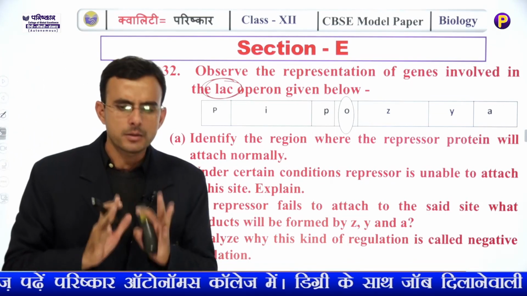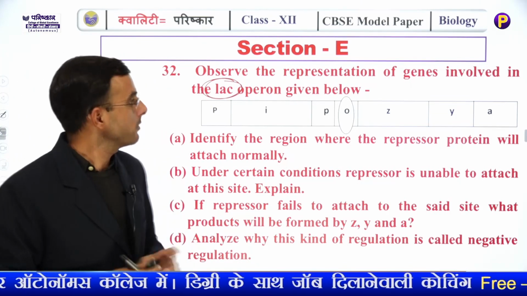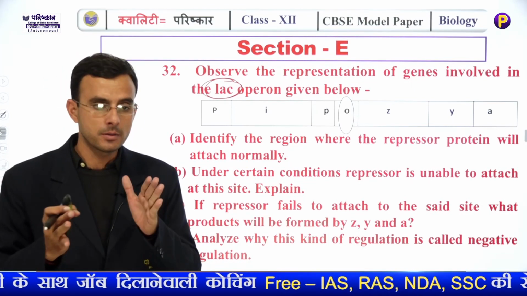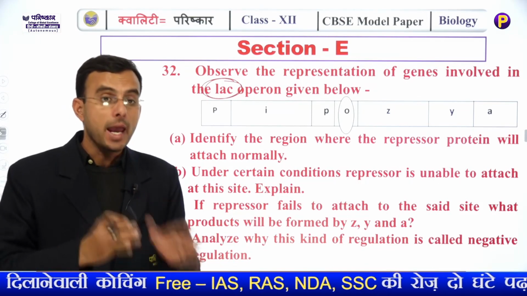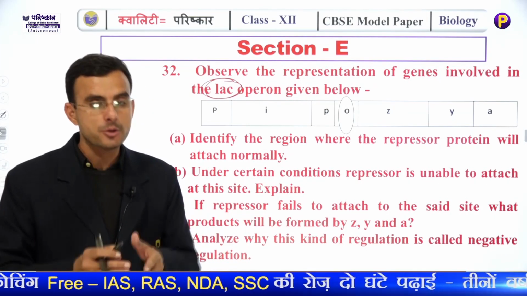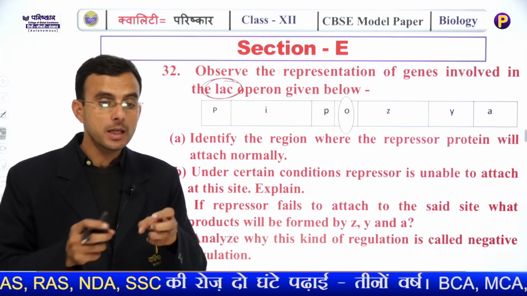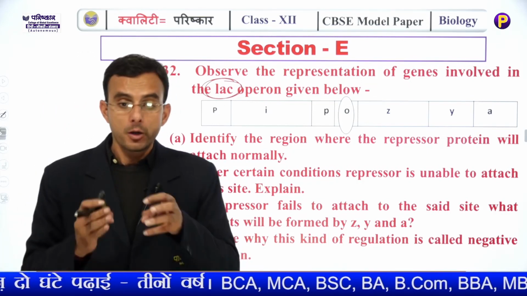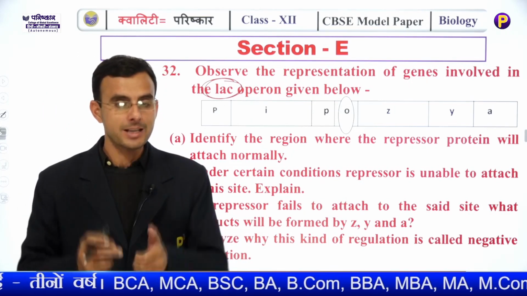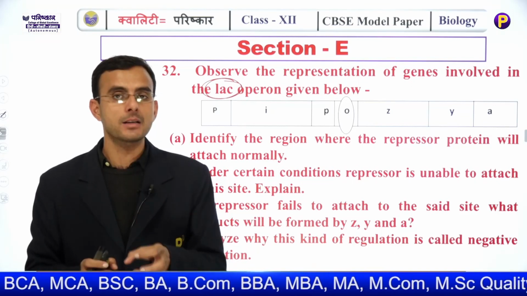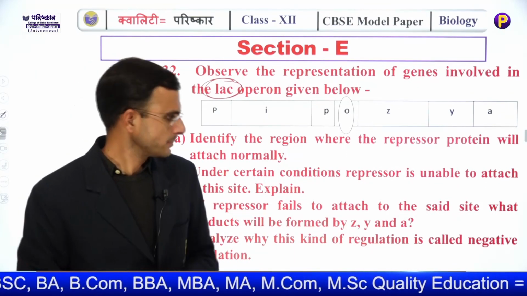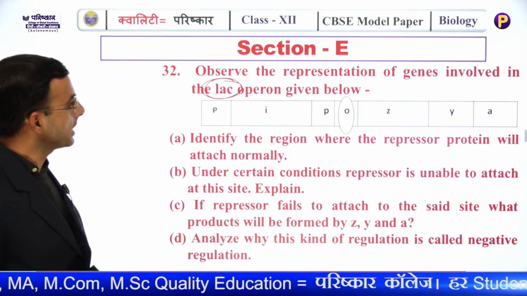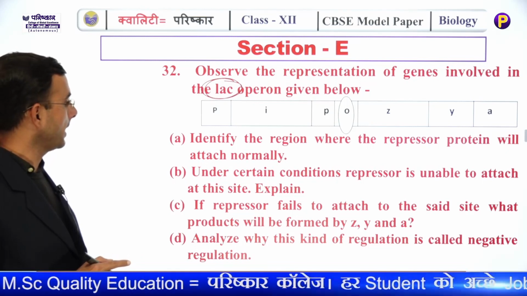That is given by the operon concept: all the genes that are expressing as proteins and functioning in a similar way cluster together. That clustering is known as the operon concept. There are 4 options here. Identify the region where the repressor protein will attach normally.